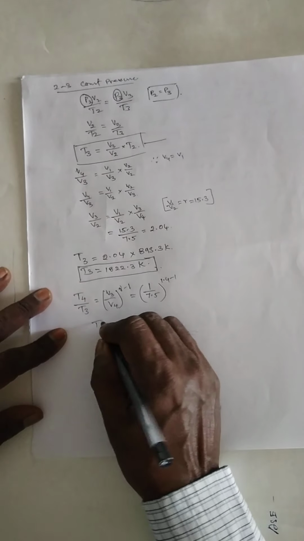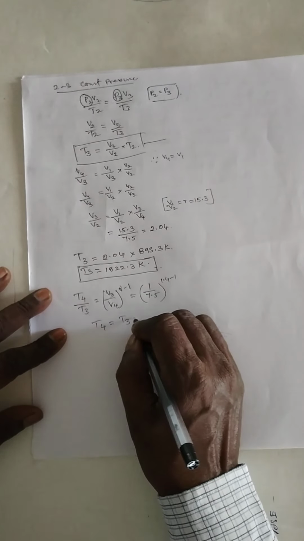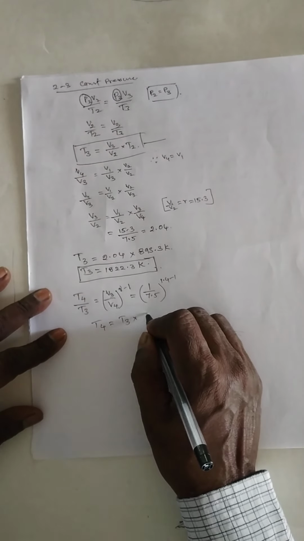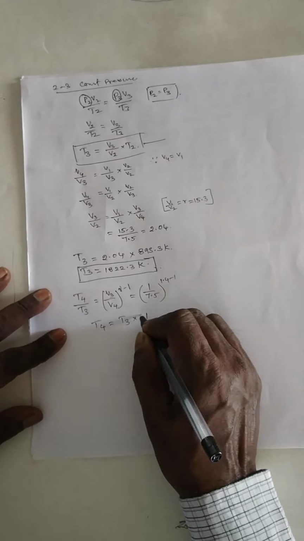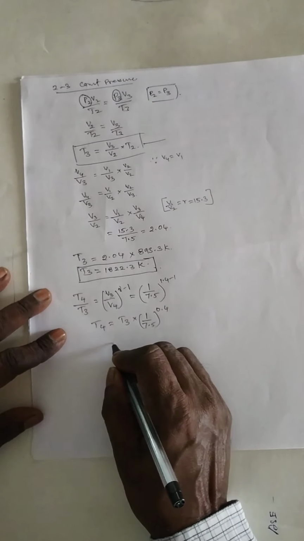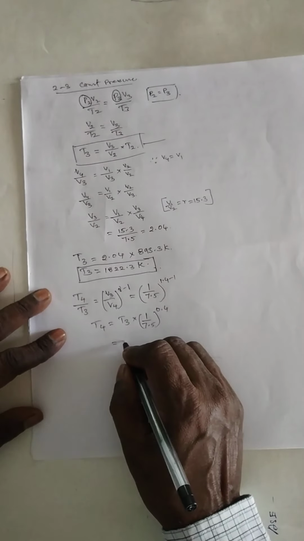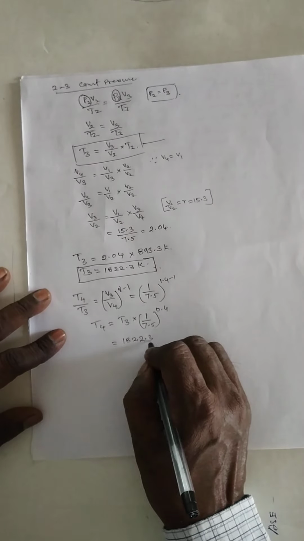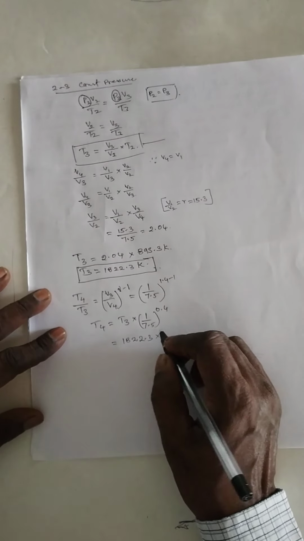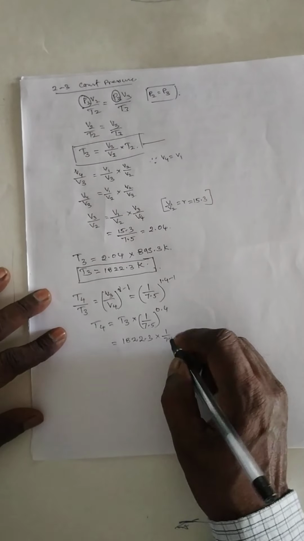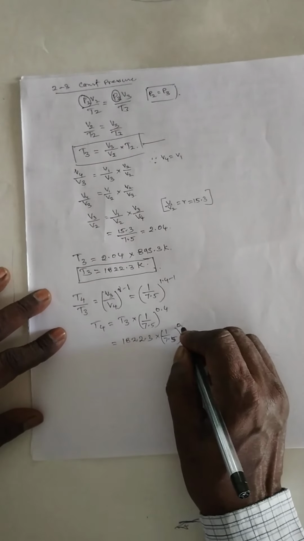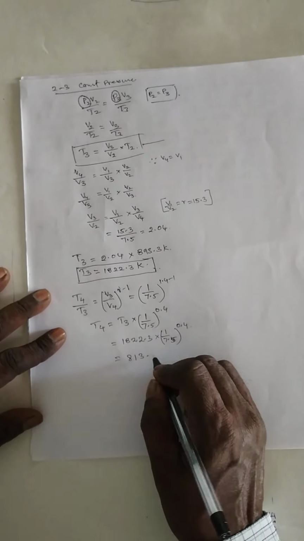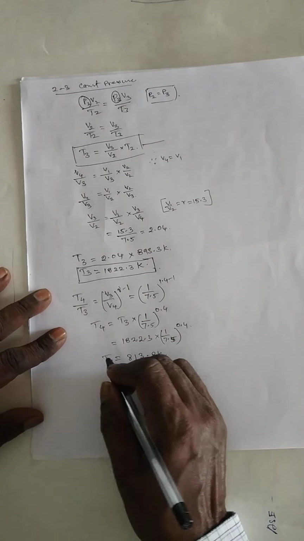So T4 is equal to T3 into 1 divided by 7.5 to the power of 0.4. Substitute the value of T3 here, 1822.3 into 1 divided by 7.5 to the power of 0.4, we will get 813.8 Kelvin. If you calculate the value, you will be getting this value, guys.